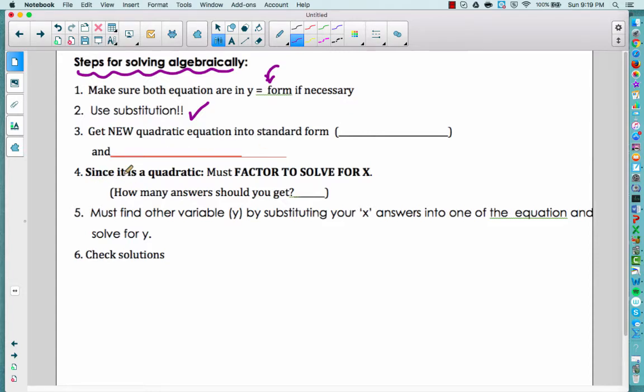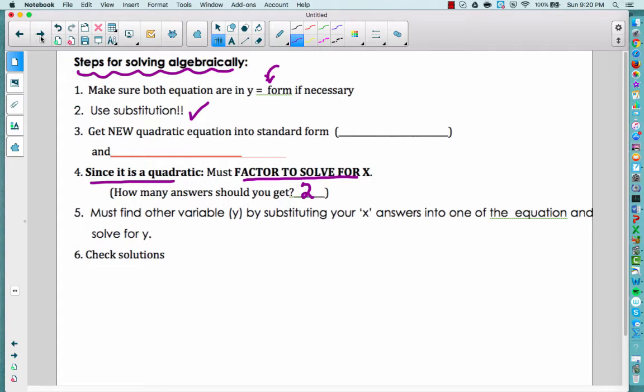The new equation is going to be quadratic, so you're going to have to factor to solve for x. That tells me that most times I should get 2 answers. I may not. I could get 1, but because it's quadratic, I should get 2 answers. And then once we get our x value, we have to find the value of y by substituting our x answer into one of the equations.